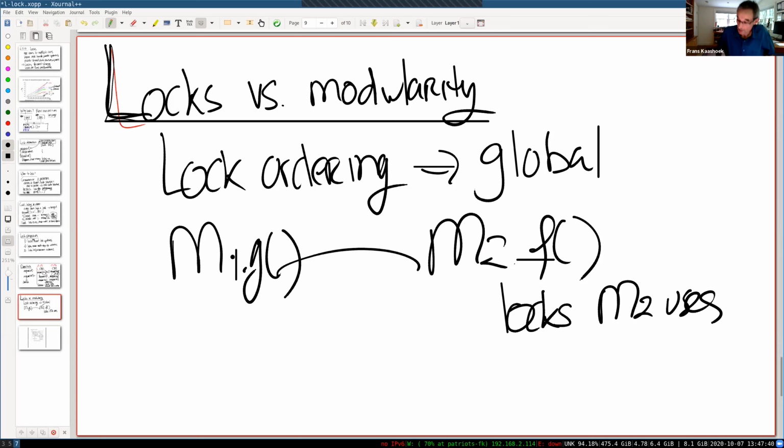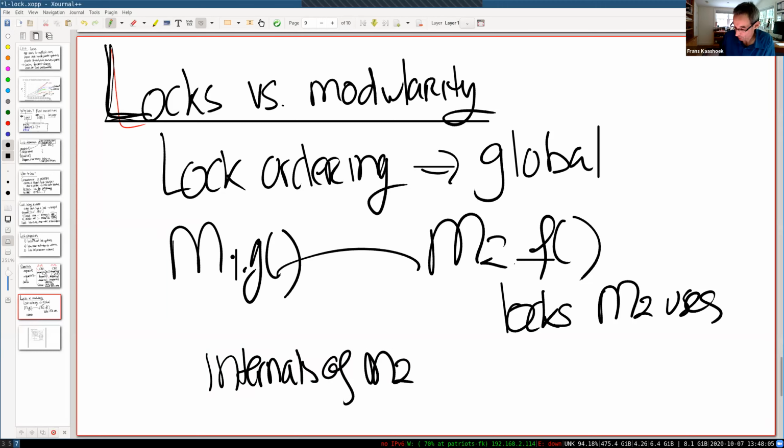Because if M2 uses some set of locks, then if we follow our lock ordering rule, G has to make sure that if it has some locks, it acquires all locks from F and G together in some global order. And so that really means that the internals of M2, at least in terms of locks, must be visible to M1.